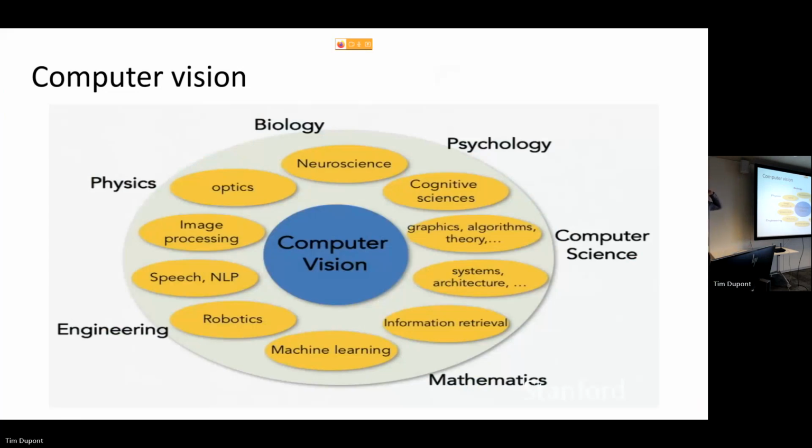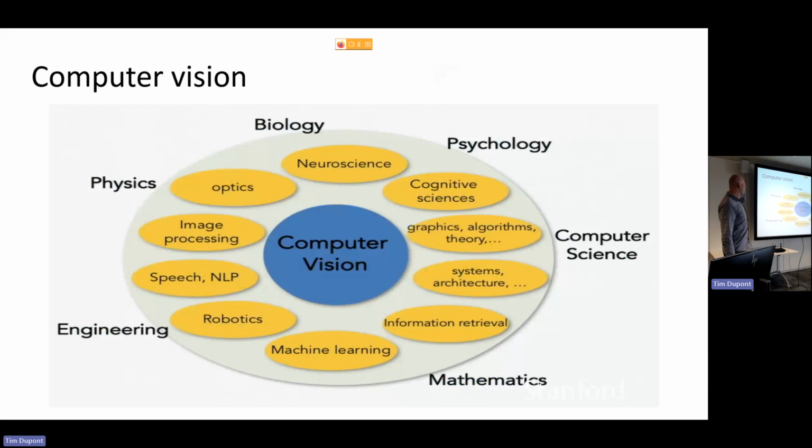It's kind of at the intersection of a lot of different fields, and it can also interact with a lot of different fields. So basically, optics, obviously. Neuroscience is important because a lot of the breakthroughs in computer vision also happen because we try to use some biological principles to make our computer vision algorithms stronger, more robust, better.